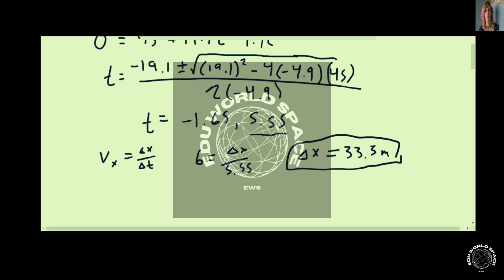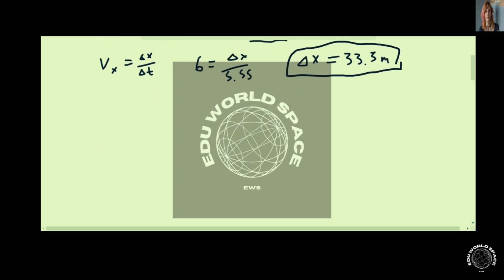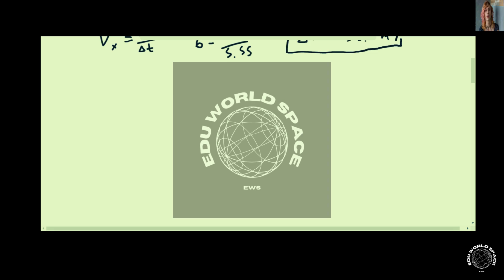Now, the last thing we need to do is sketch the trajectory of the ball as viewed by a person at rest on the ground and the runner. So we have the ball. If you're a person on the ground, not running, you're going to see the ball do an arc like normal and land on the ground.